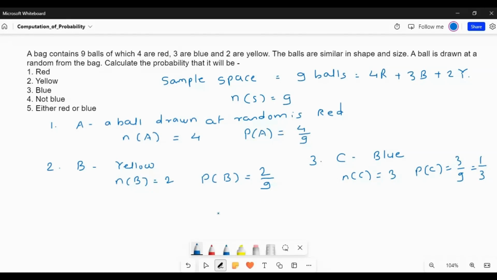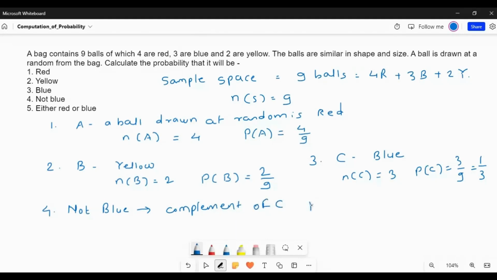Now the fourth example is not blue. This is nothing but the complement of C, right?